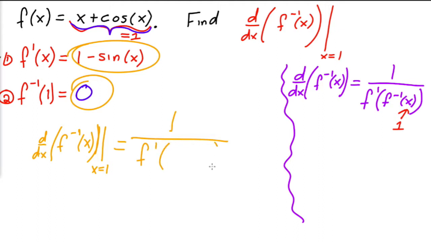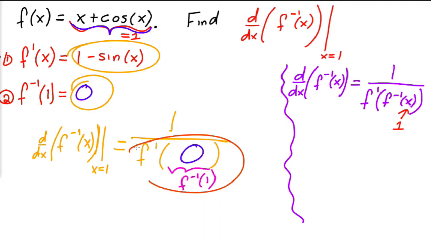So f prime of f inverse at 1, which is equal to 0. So this guy right here represents f inverse at 1. Okay, so then this guy right here is going to be f prime at 0, which is going to be 1 minus sine of 0, which is simply 1. So then the result is just equal to 1.